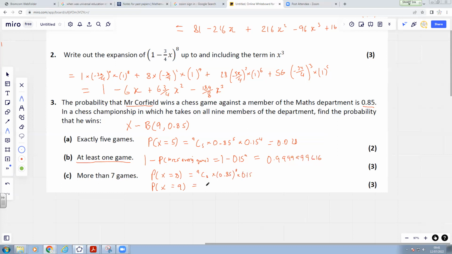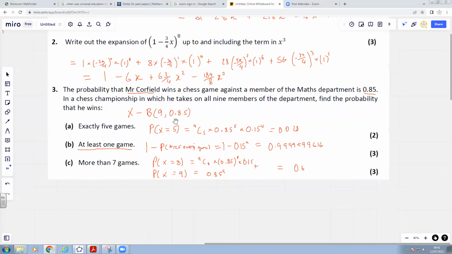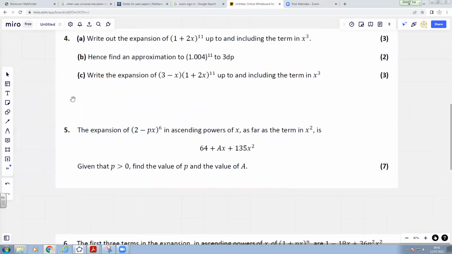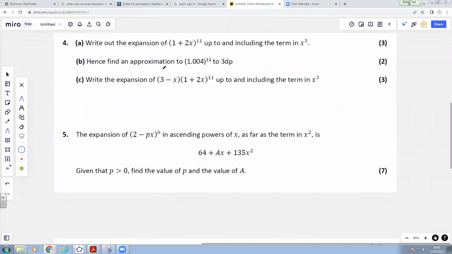We'd need to do that. But then we'd also need to do 0.85 to the 9, add them together, and you get 0.6 roughly. So there we go. A bit of a funny, silly question. And that's showing you binomial probability in statistics, actually. It's giving you a little window into what binomial probability is like in statistics.